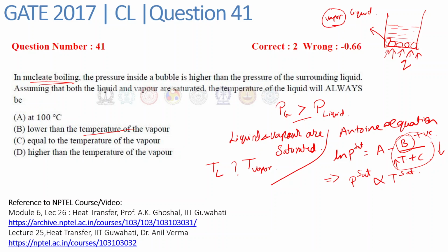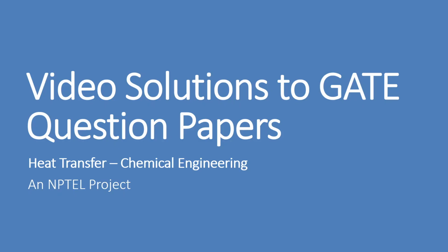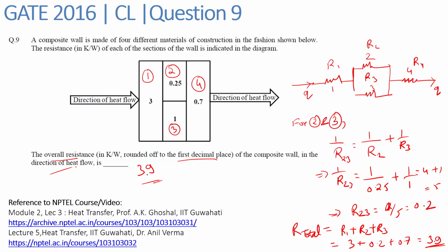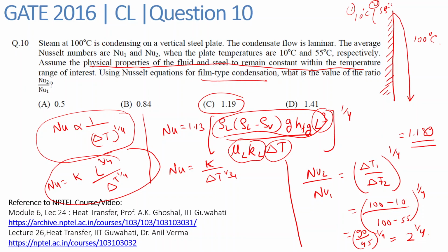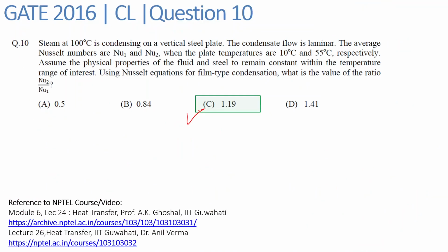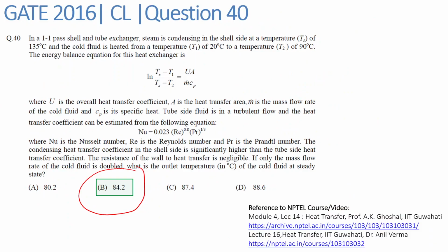Then we had this question related to nucleate boiling. Then we had this simple question related to the conductive resistance across the slab. Then we had this question related to condensation, in which we had to use Nusselt's equation for film type condensation, and this question we haven't looked at.